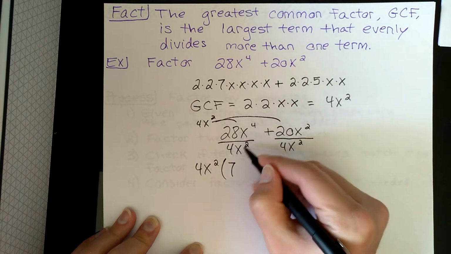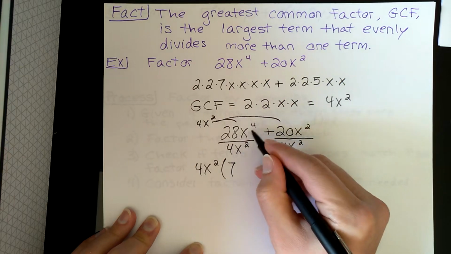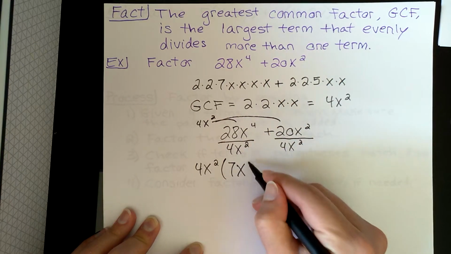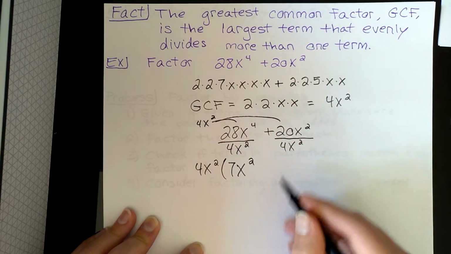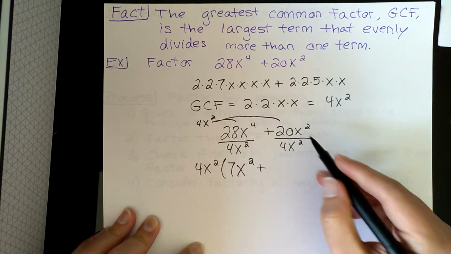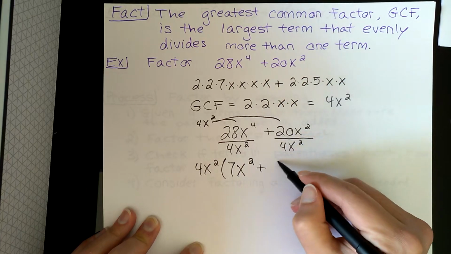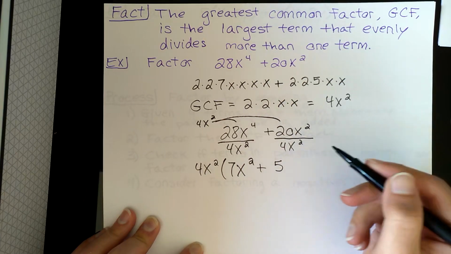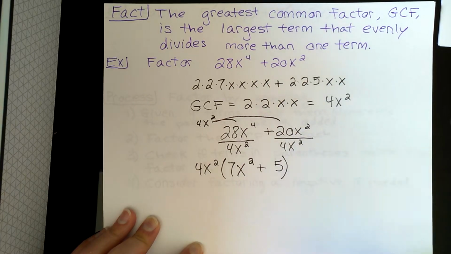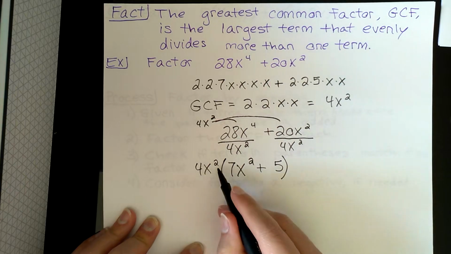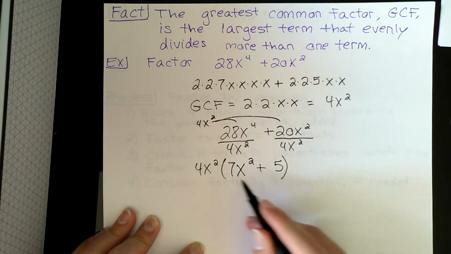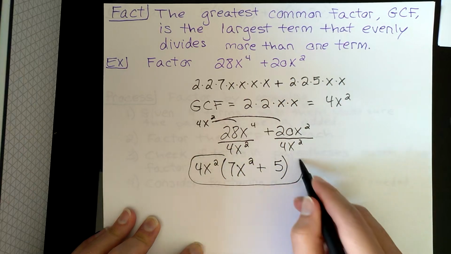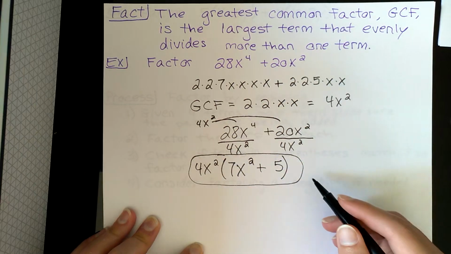And x to the fourth divided by x squared, remember with like bases we subtract the exponents, that would just leave us with x squared. Plus 20 divided by 4 is 5. And x squared divided by x squared cancels off, leaving us with 4x squared times the quantity of 7x squared plus 5. And this is completely factored.